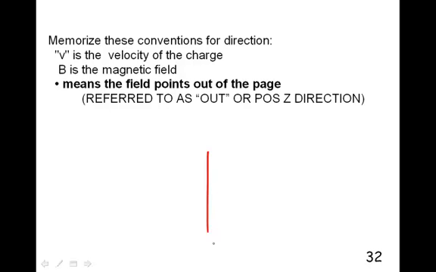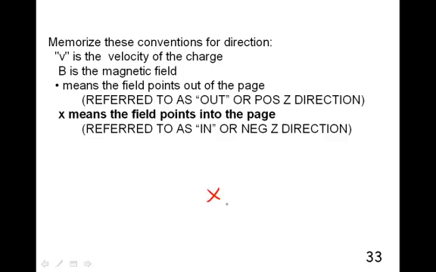If you see dots on a piece of paper, that means that's indicating a magnetic field pointing out of the page. You can think of it like an arrow that's coming towards you, so you see the tip of the arrow. And then if you see little X's, you're looking at the rear end of an arrow that's going away from you. So that means that the magnetic field is into the page. Here, B is into page.